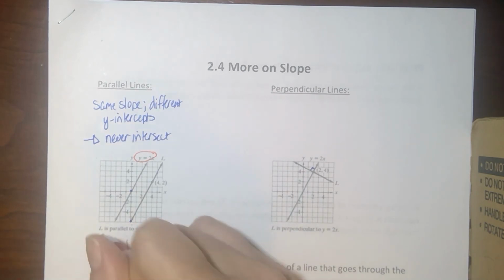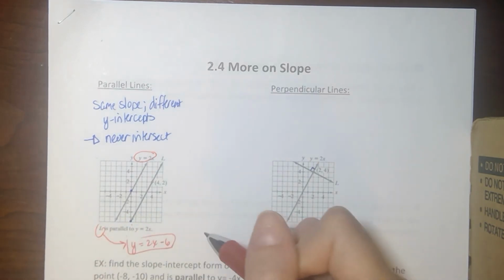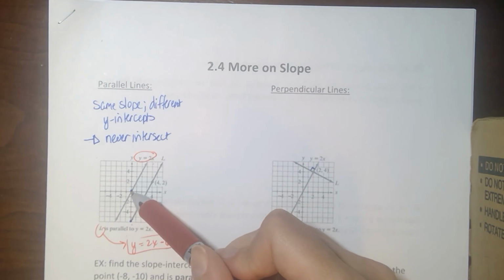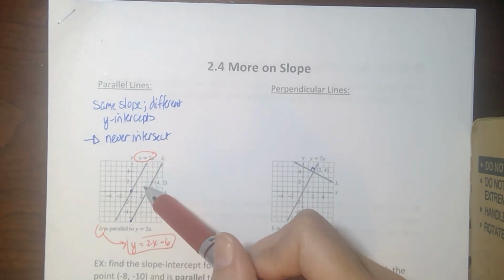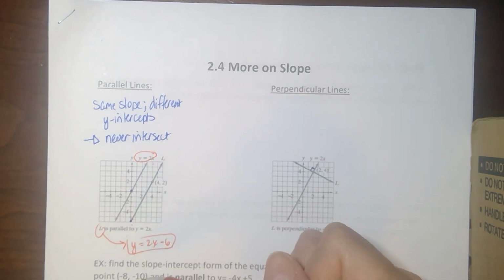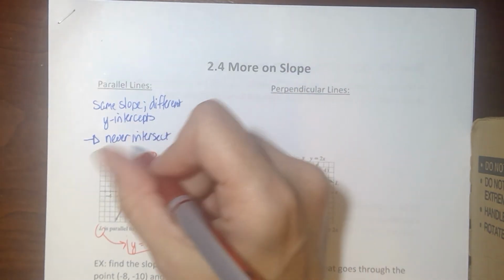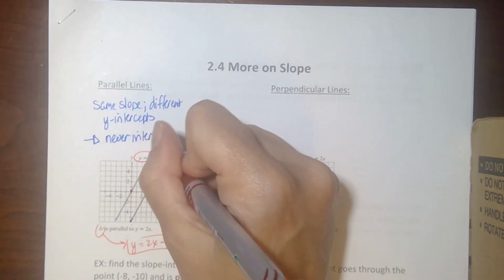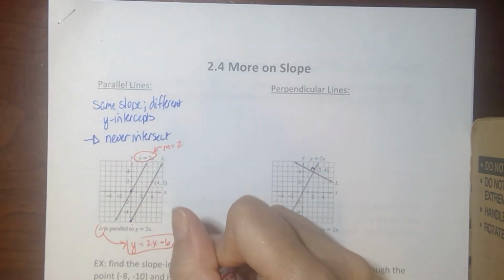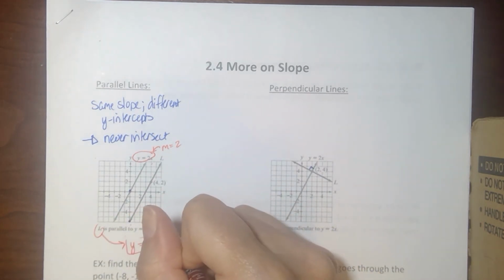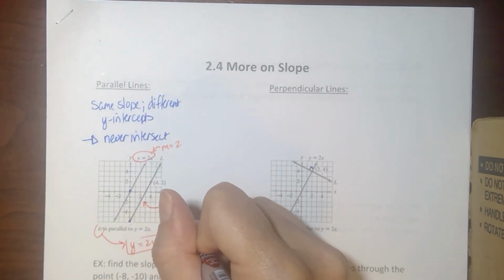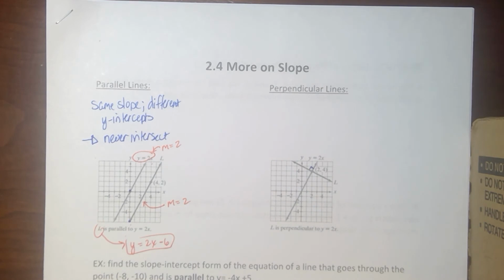So y equals 2x minus 6. This would be 2x plus 0. It goes through the origin. This would be 2x minus 6. It still has the slope of positive 2. The slope of this line is 2, and the slope of this line is also 2. They have the same slope.